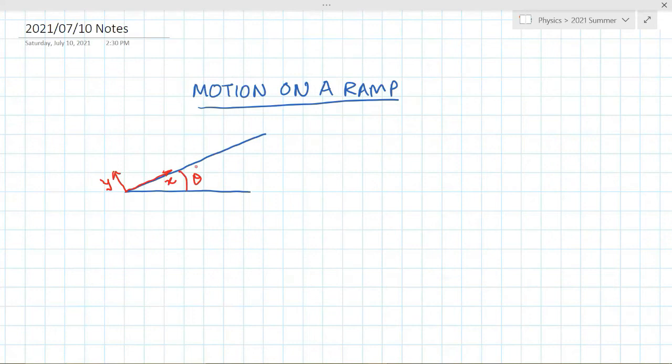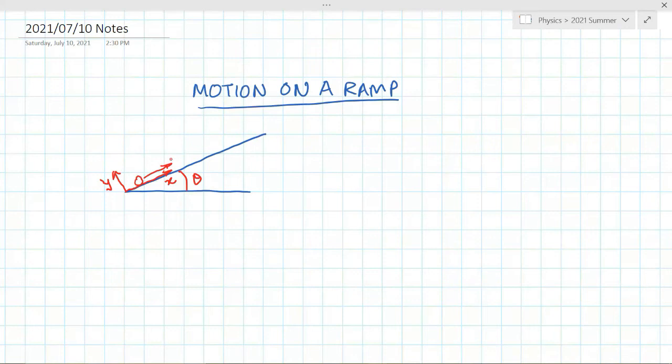The ramp is at an angle theta. So we align the x-axis with the ramp because it can make things convenient if an object is moving up the ramp. Then the motion of the object just becomes the x component.